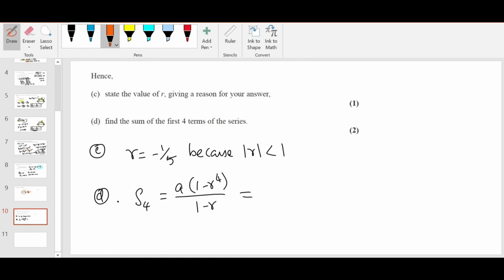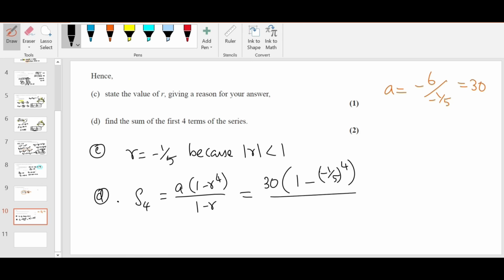So a is 6 over r, which is going to be minus 30. So sub in here, 30 times 1 minus minus 1 over 5 power 4 divided by 1 minus of minus 1 over 5. You just need to calculate this.